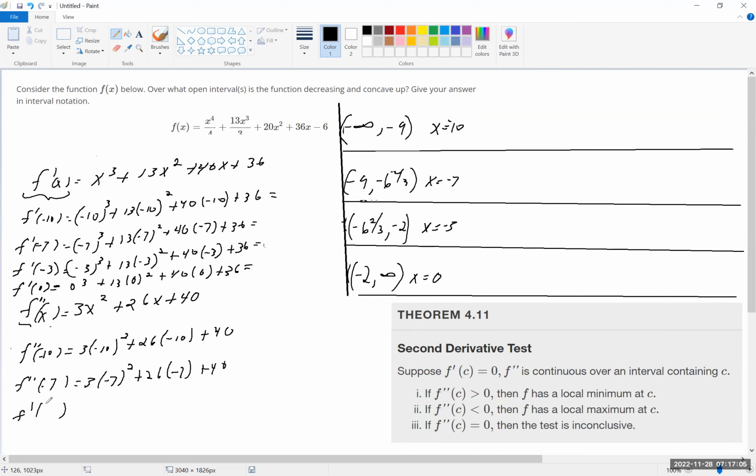I'm going to plug in a -3. And then we're going to plug in our easy one, which is a 0. Okay, and I'm going to go ahead and pause so that I can solve those and get the sign.